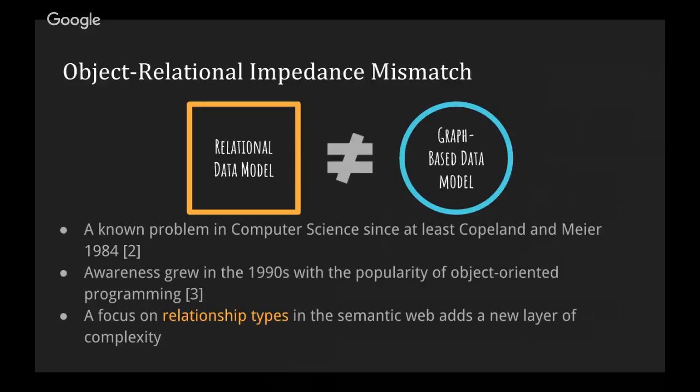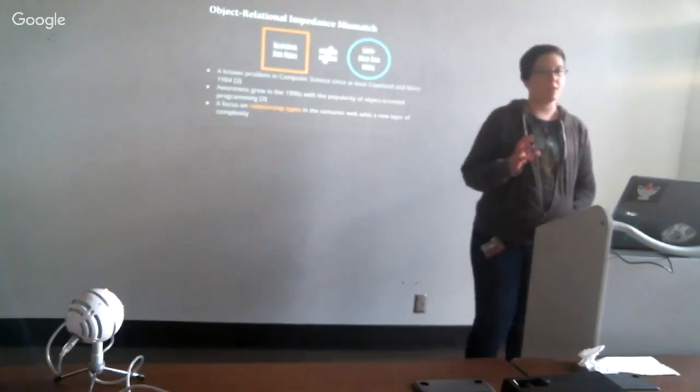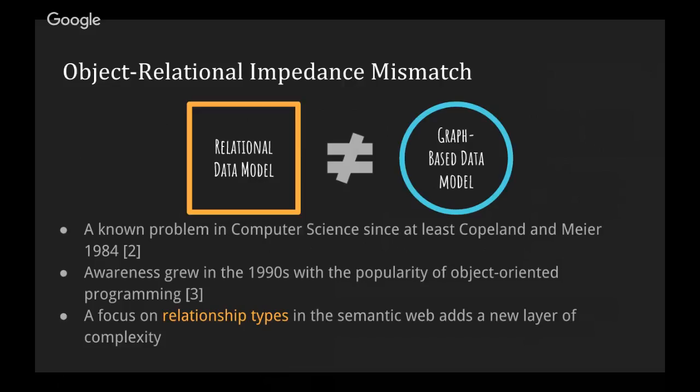It became more prominent with object-oriented programming, when we're trying to pull data for object-oriented structures from relational databases. And with the semantic web, we like to focus a lot on relationship types in particular, in addition to the entity types, and that adds a whole new dimension to this problem.